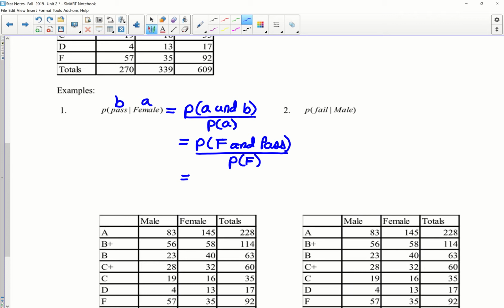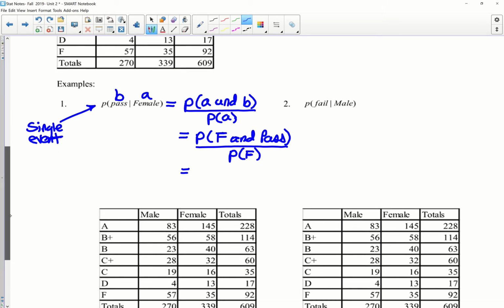Now, this is a single individual, single event. All right, so we're not using the multiplication rule to evaluate the "and".